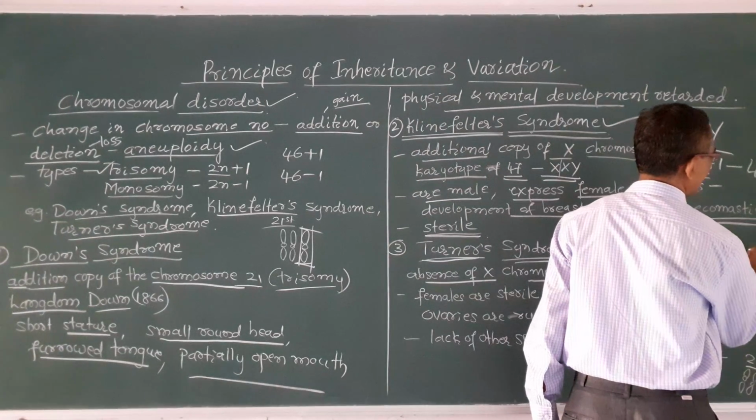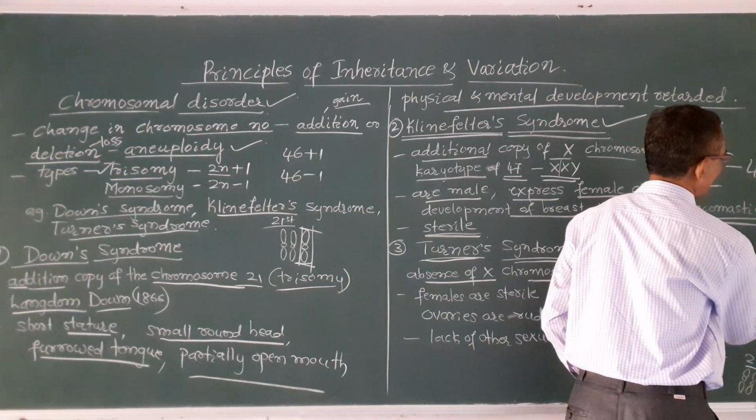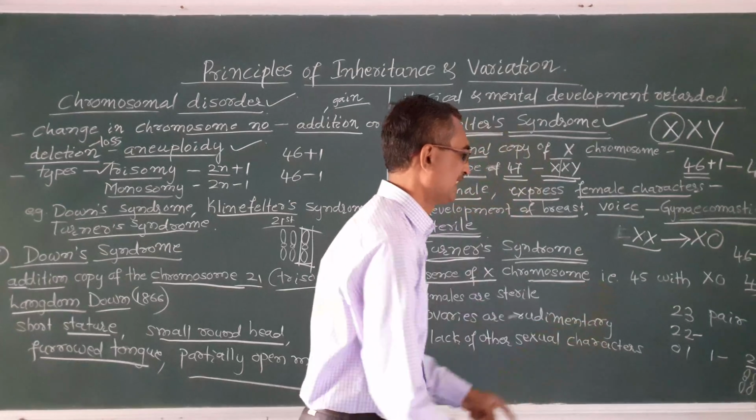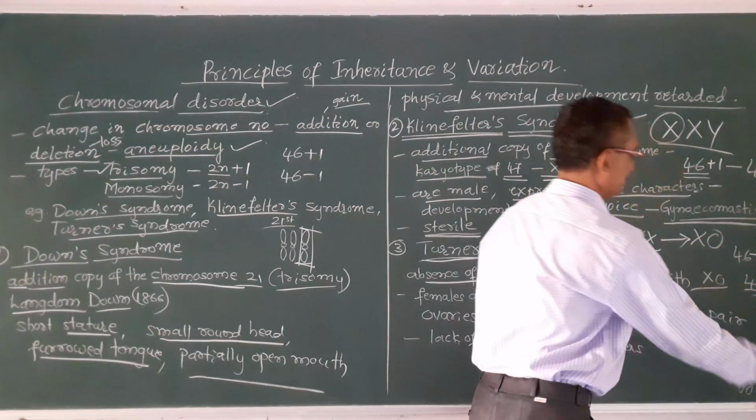Normally we have 46 chromosomes; when one chromosome is less, it becomes 45. So that is 45 chromosomes with X0.